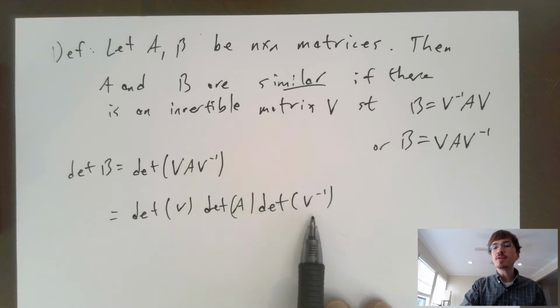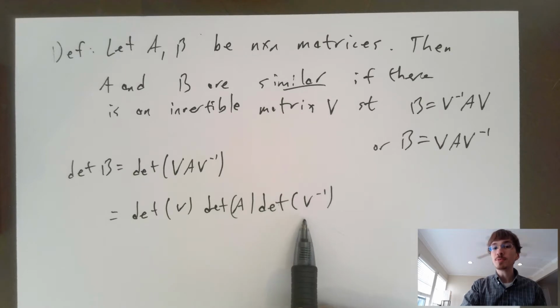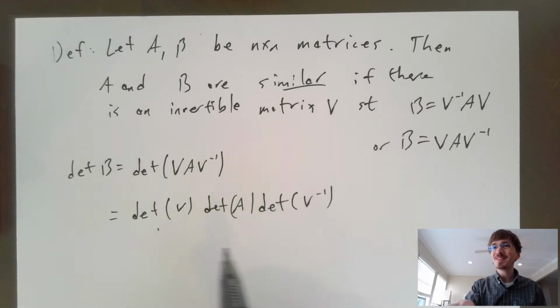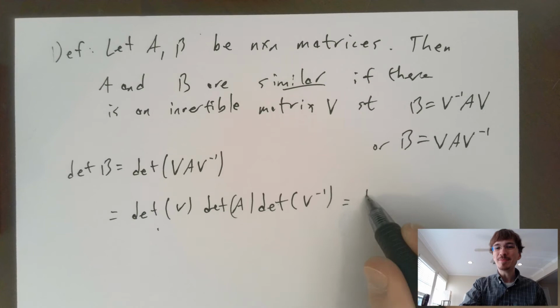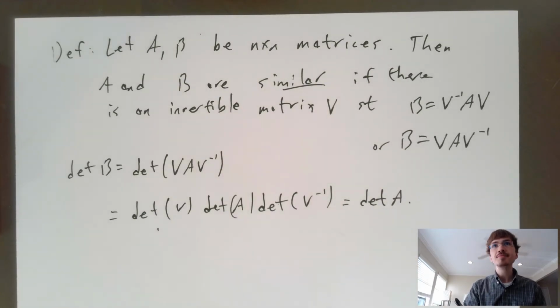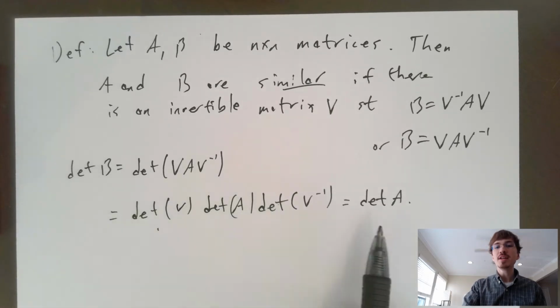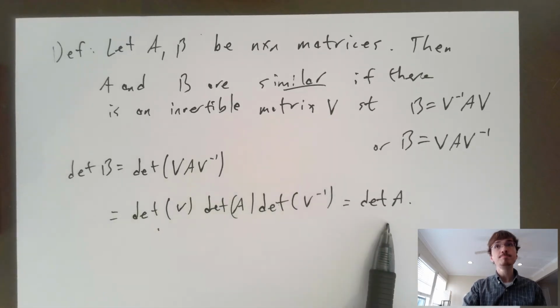And what's the determinant of V inverse? Well, since V is invertible, we know that it's 1 divided by the determinant of V. So once the division happens, we're just left with the determinant of A. And that's kind of interesting. So if two matrices are similar, they must have the same determinant.